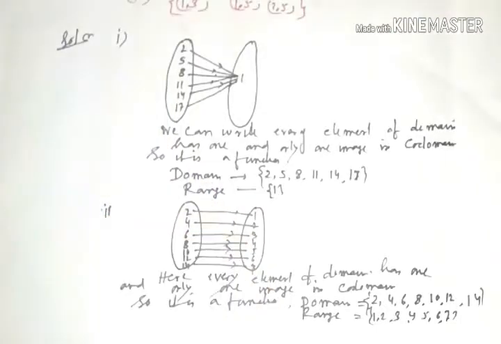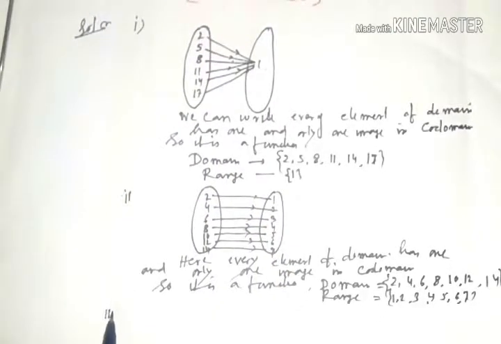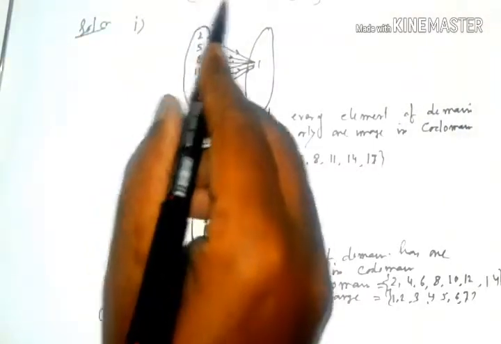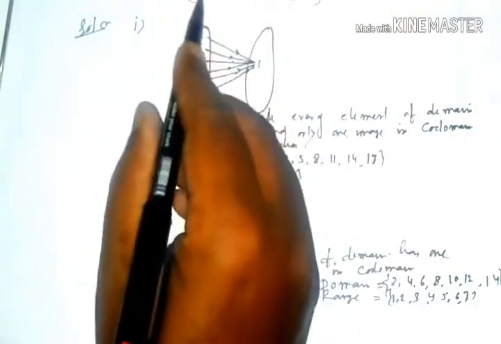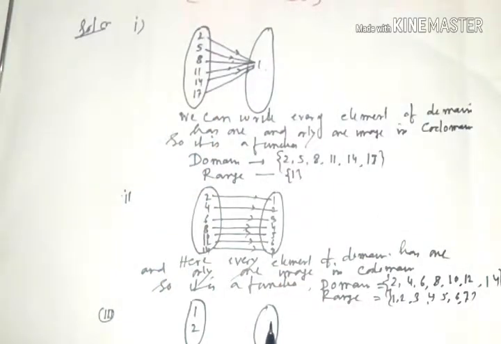Now about the third. This is the third problem. It is also, we can draw a diagram. Here the first components are 1, 1, 2, and the second components are 3, 5.